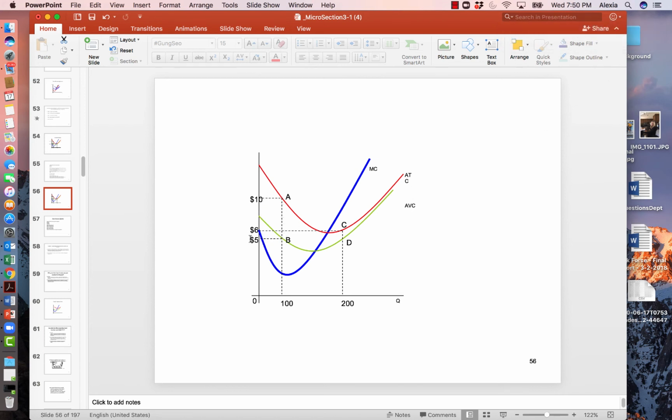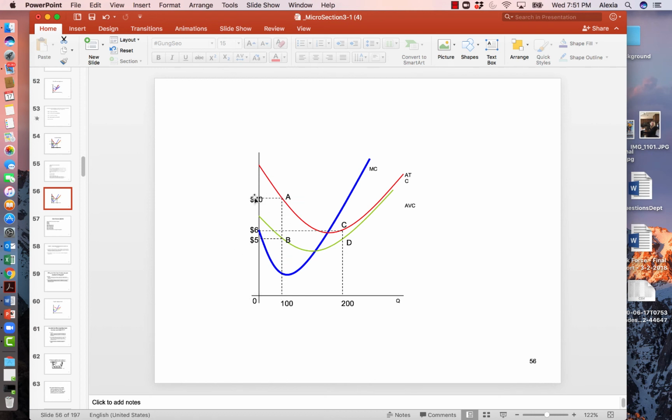So the average fixed would be that box. The boxes represent the totals. So the total variable costs and the total fixed costs give us the total costs.